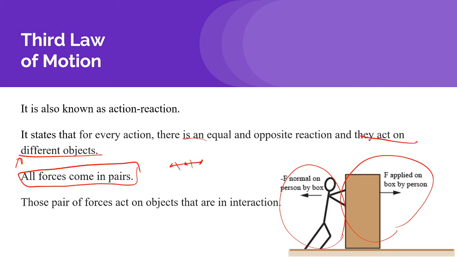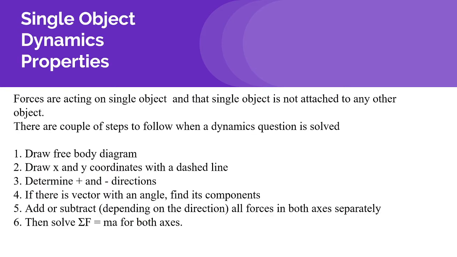Those pairs of forces act on objects that are in interaction. So for example, when we drop something, it falls down, right? What pulls it down? Earth. That means this object is also pulling the Earth up. So all forces come in pairs.